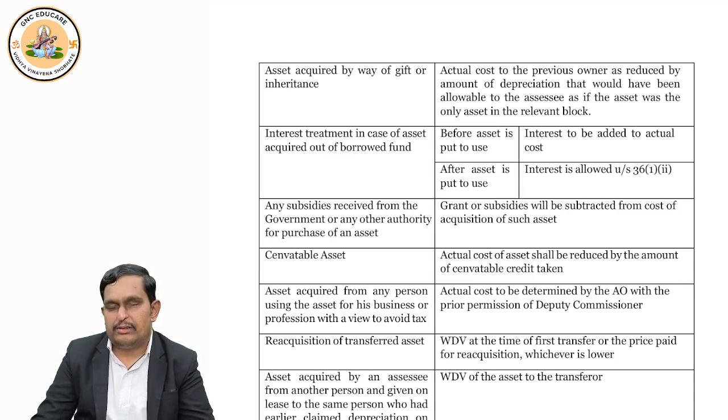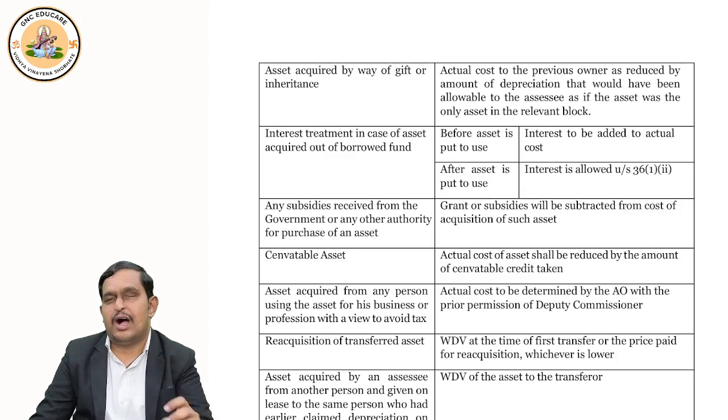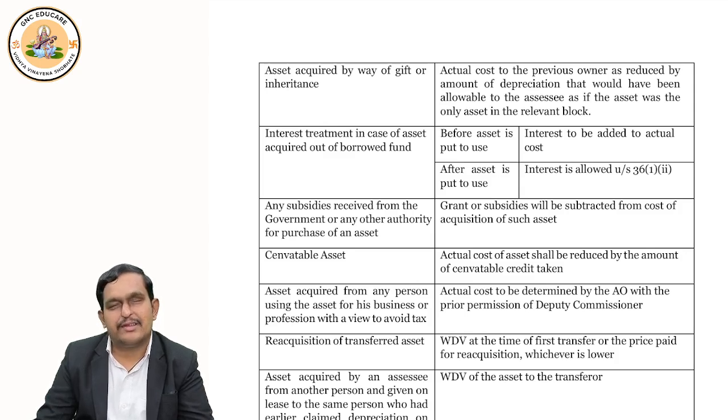Suppose, for example, you transferred the asset to avoid tax. Then what to do? Once the assessing officer comes to notice that you are trying to avoid tax, he will take the approval of the deputy commissioner and will revalue the asset and tell you that only this is the value we consider, and on this value only you can claim depreciation.